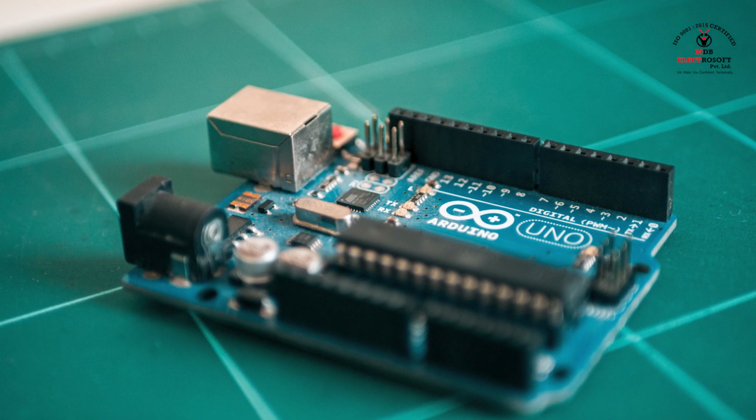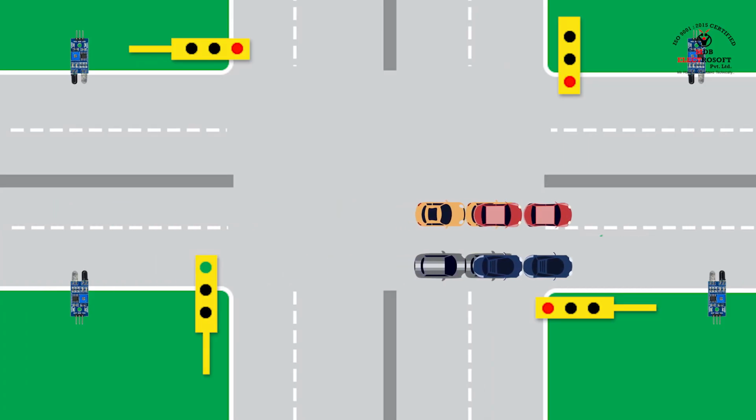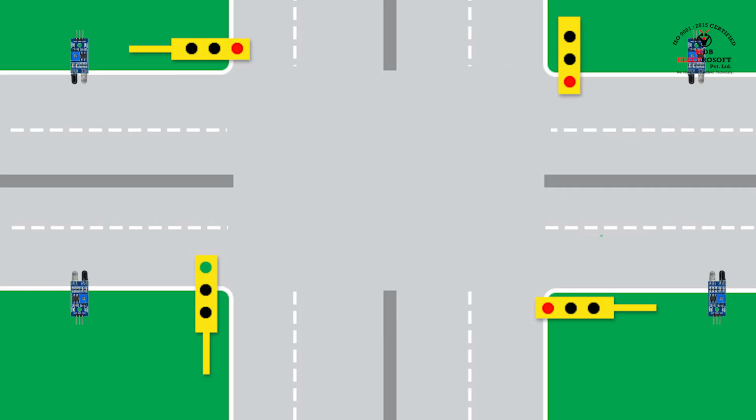It will send a signal to the Arduino board. Whenever the Arduino board receives a signal from sensor 1, it will just release the traffic for sensor side 1. After the traffic density is reduced, it will again start the normal cycle of traffic.